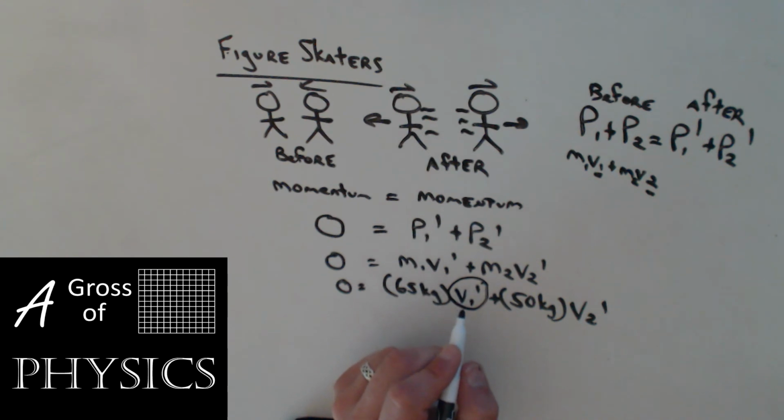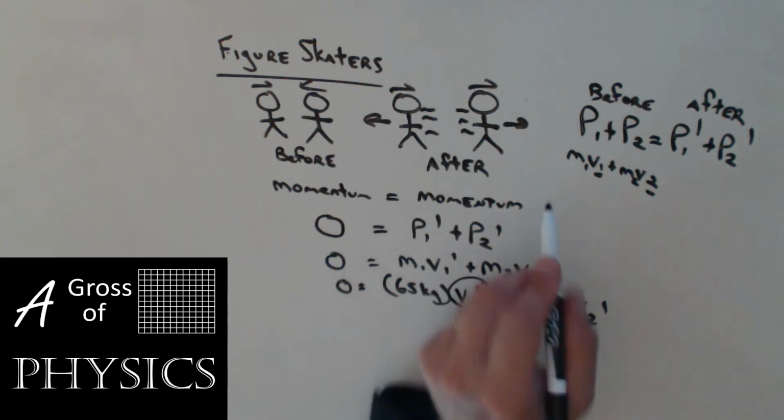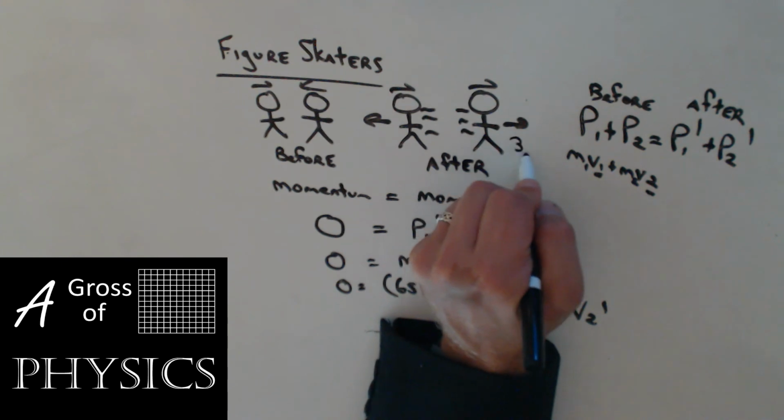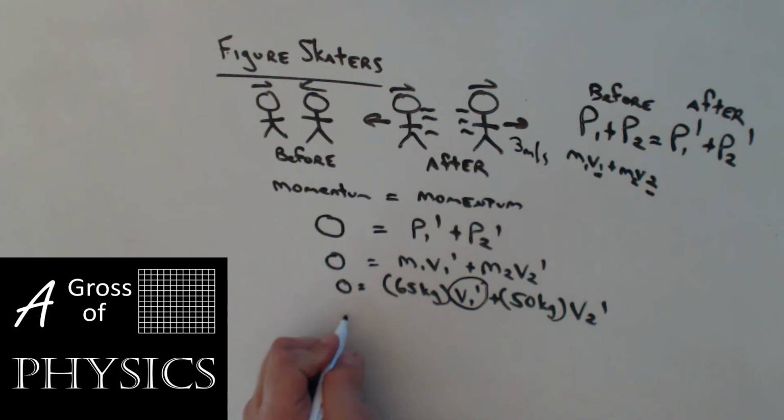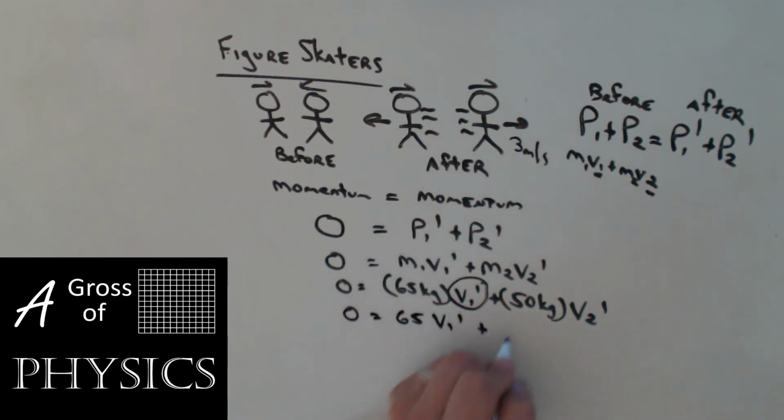In the problem it says, determine the speed of the male skater after they push apart if the female skater is moving at 3 meters per second. So the speed of this person is 3. If it's to the right, it means it's positive. So we have 65 v1 prime plus 50 times 3, and we're going to be able to find our answer for v1 prime.